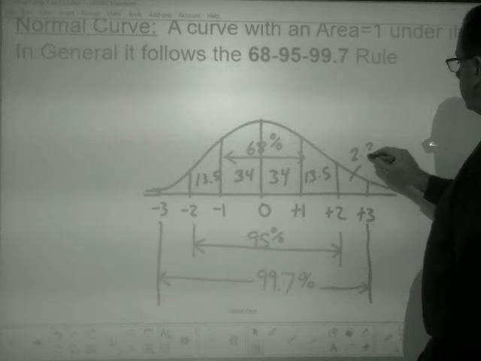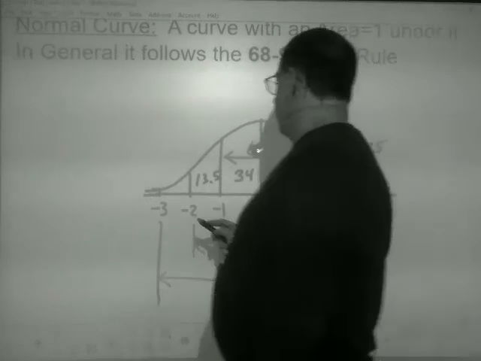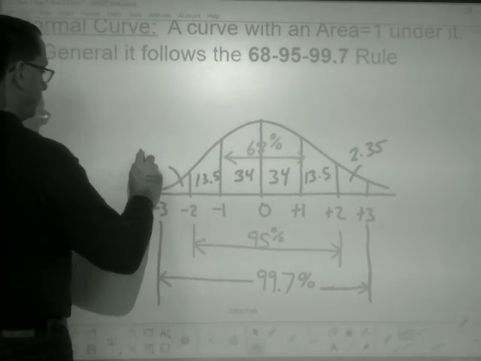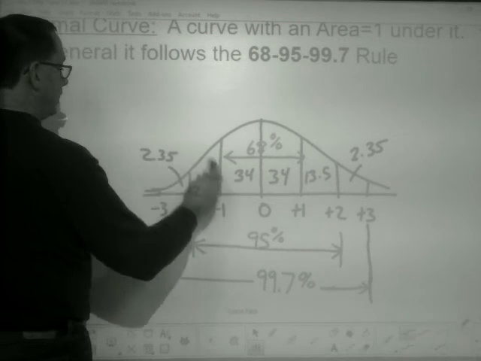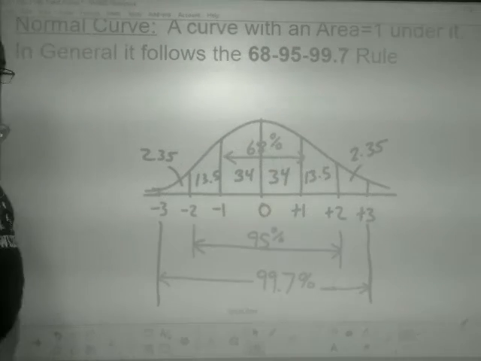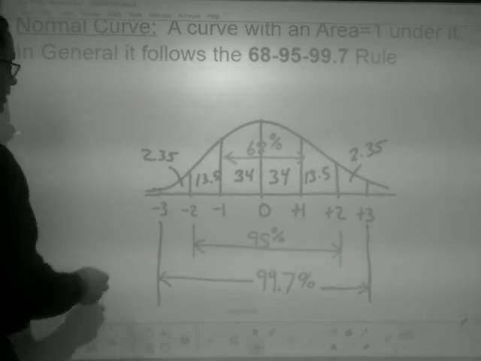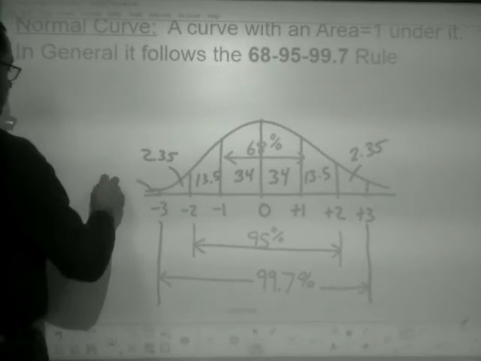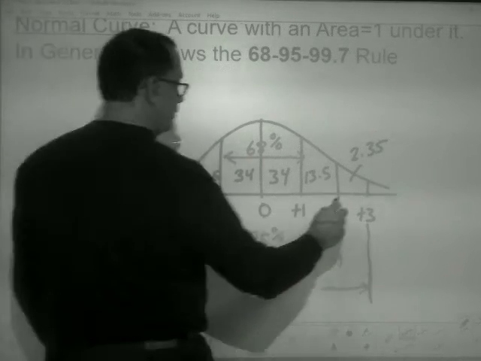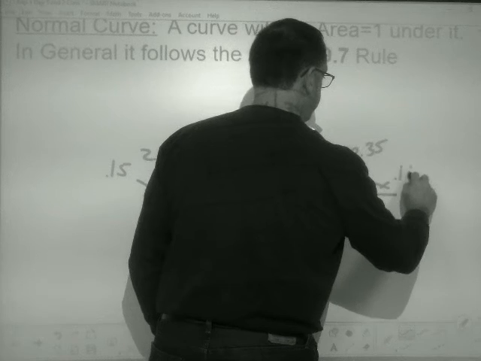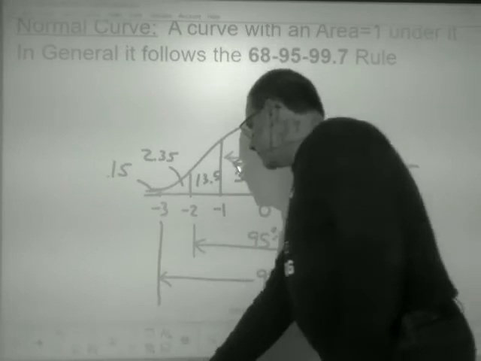This is 2.35, and this is 2.35. By the way, you will get this chart if you have any test or quiz. And what's out here on the tails is 0.15 and 0.15.